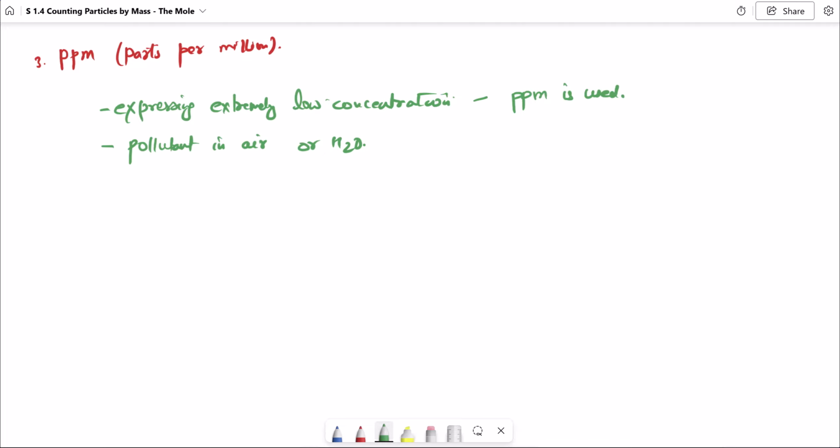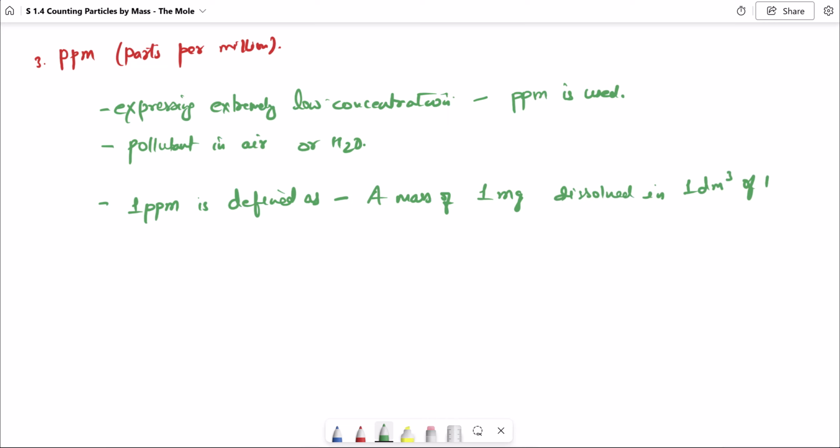So the big question is how to define 1 ppm. So 1 ppm is defined as a mass of 1 mg dissolved in 1 dm cube of water.